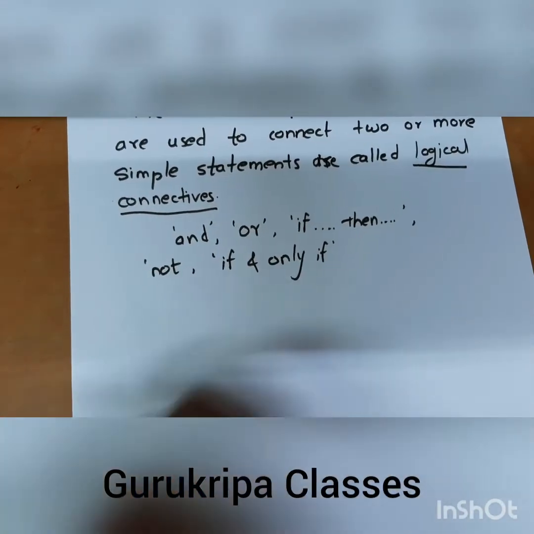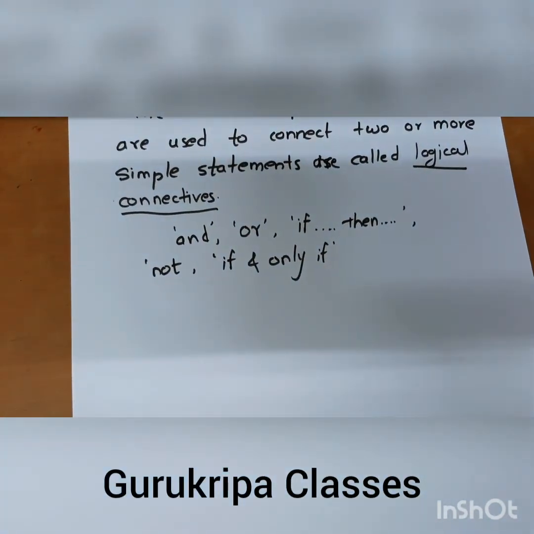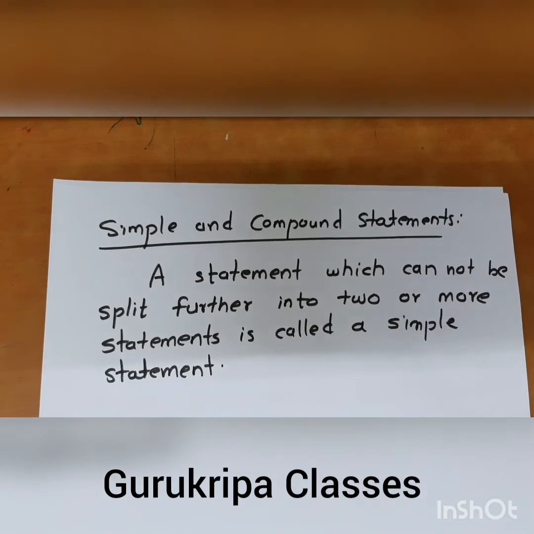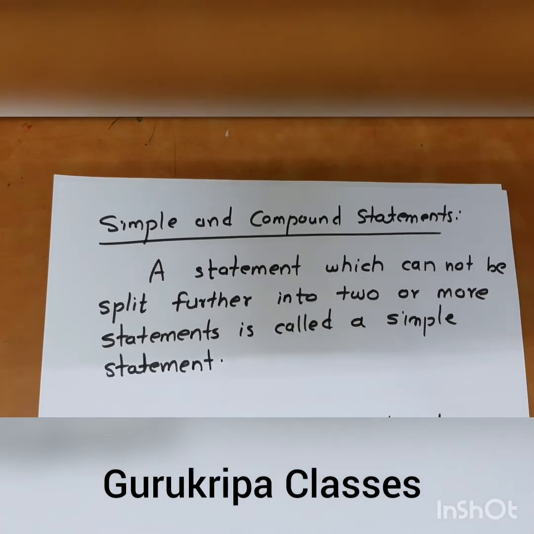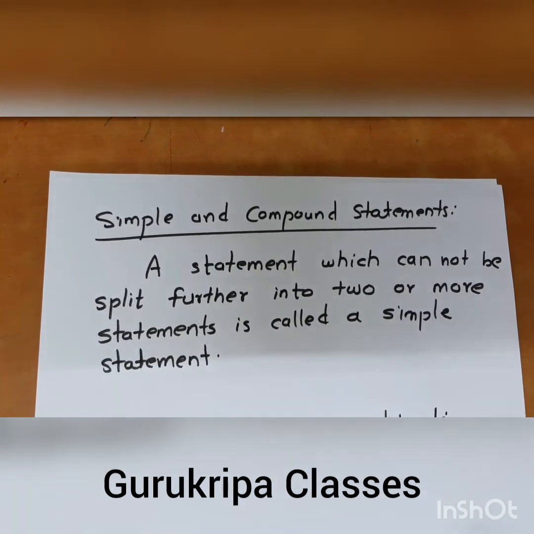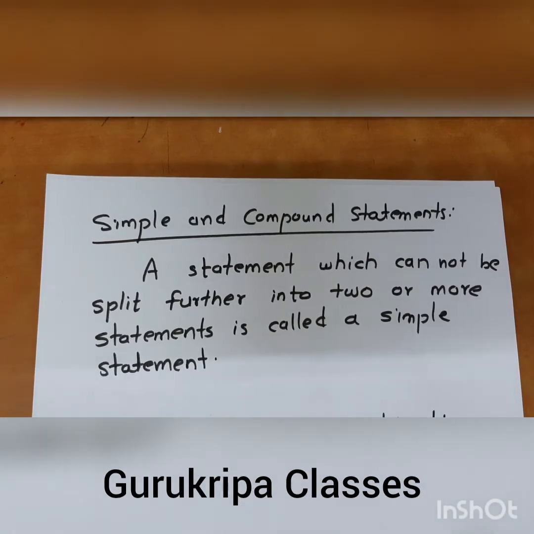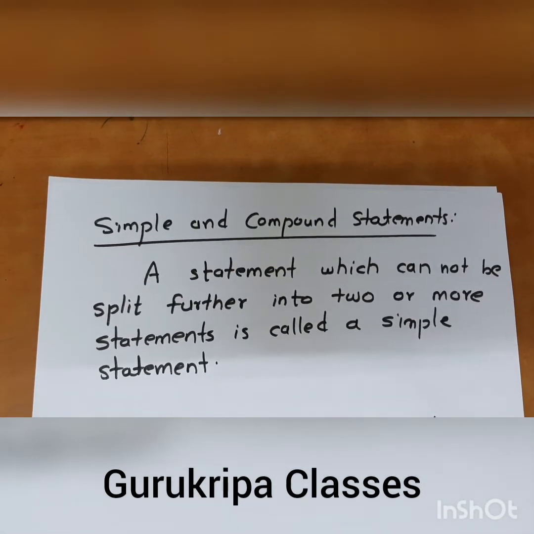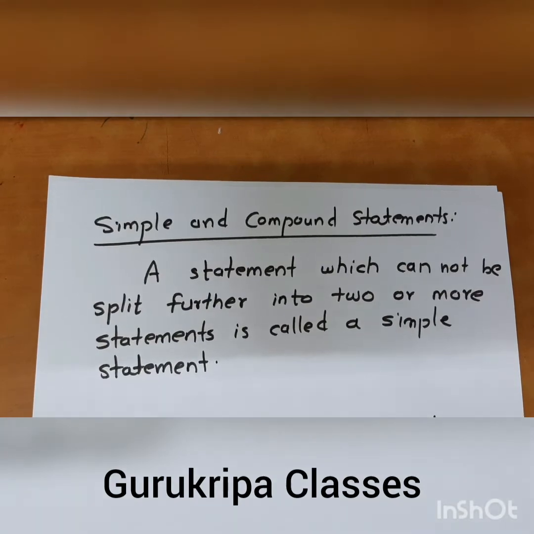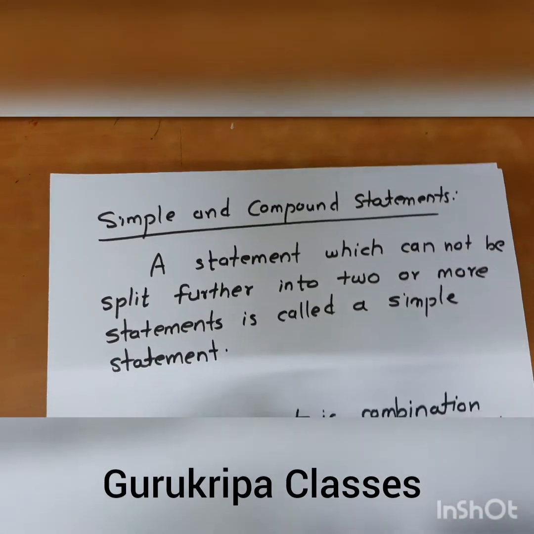So the next definition we will write here: simple and compound statements. The definition of simple statement: a statement which cannot be split further into two or more statements is called a simple statement. कोई भी जो एक स्टेटमेंट है उसको हम स्प्लिट नहीं कर सकते, उस स्टेटमेंट को हम सिंपल स्टेटमेंट बोलेंगे. मीन्स व्हाट?